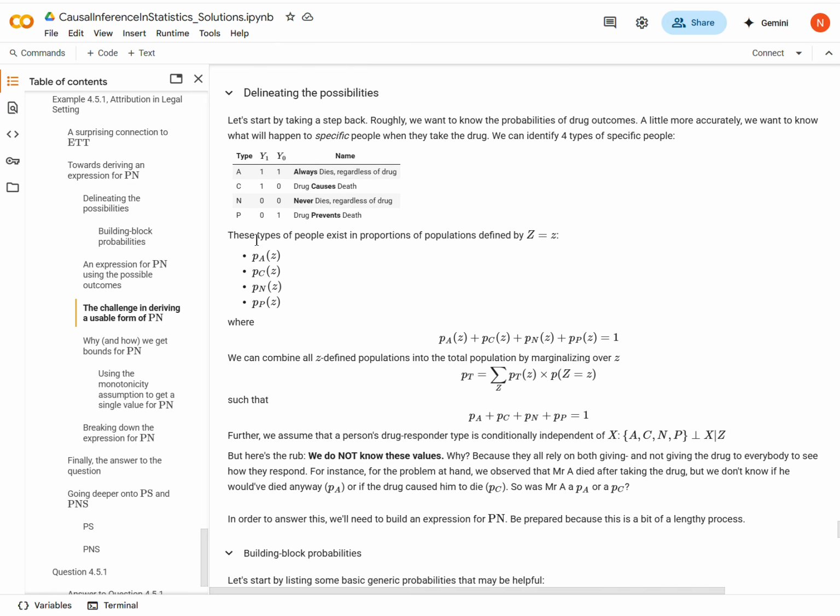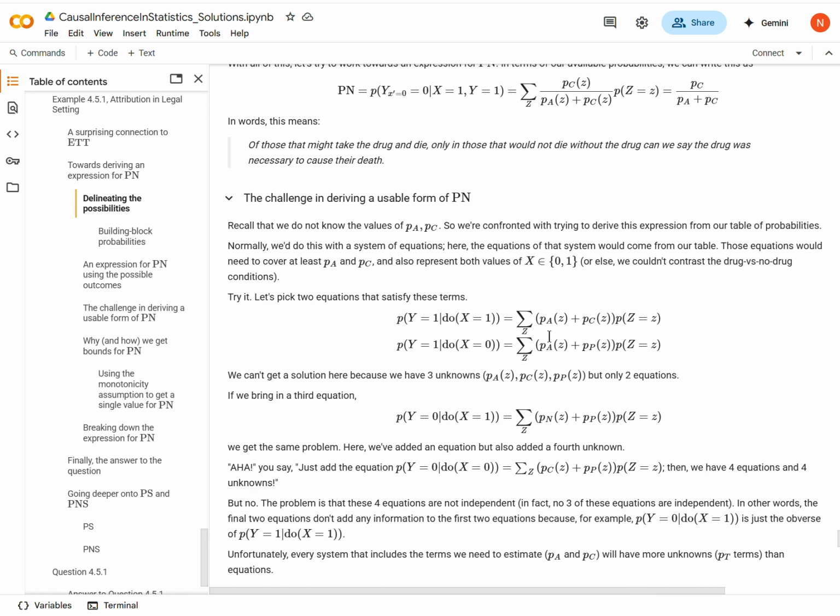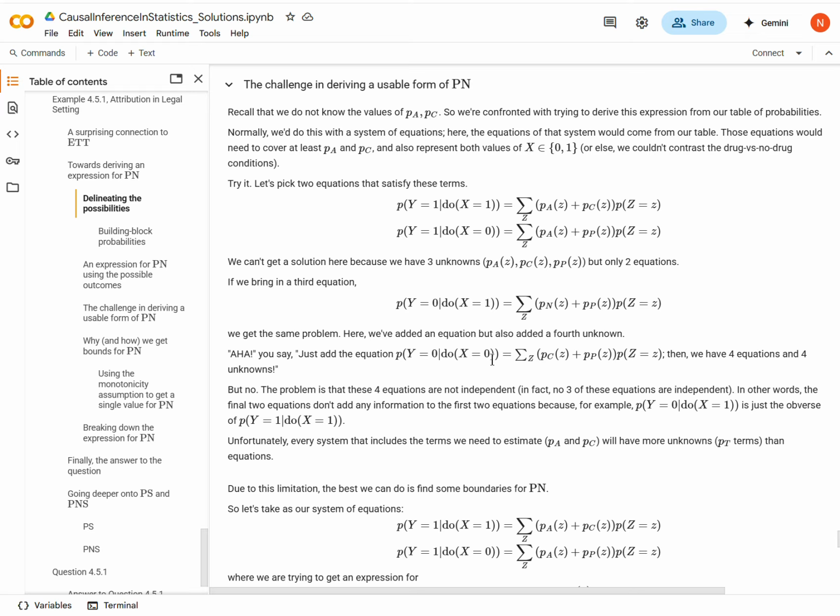They are the different proportion types, right? So now I have 4 equations and 4 unknowns, and therefore I can just push these through some kind of algorithm that will solve this system of equations.